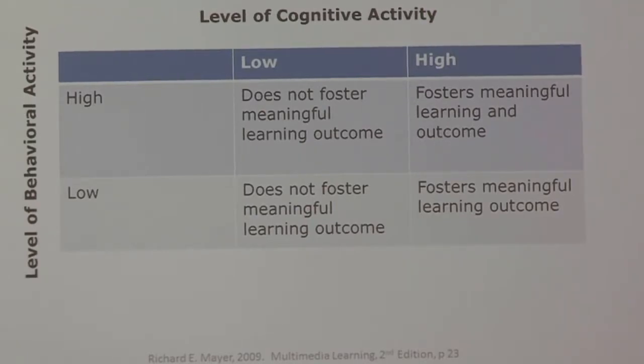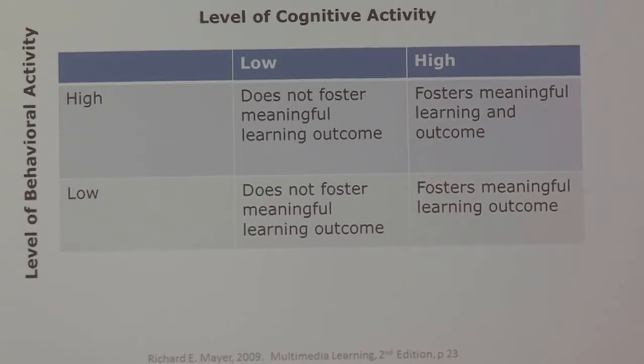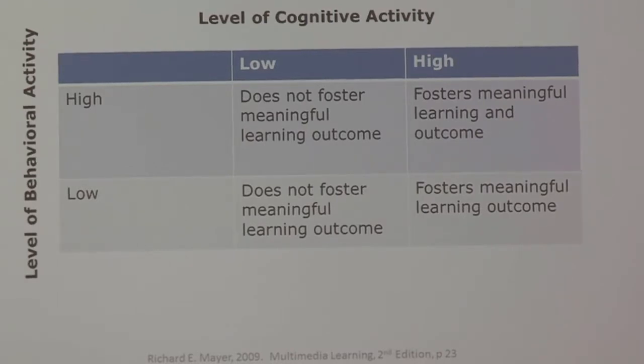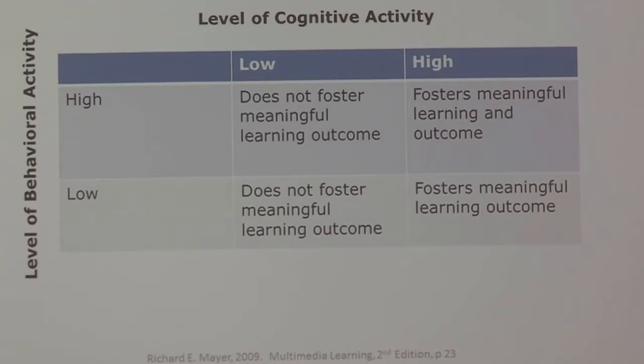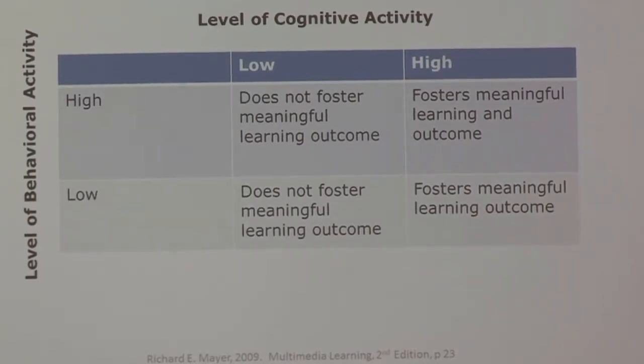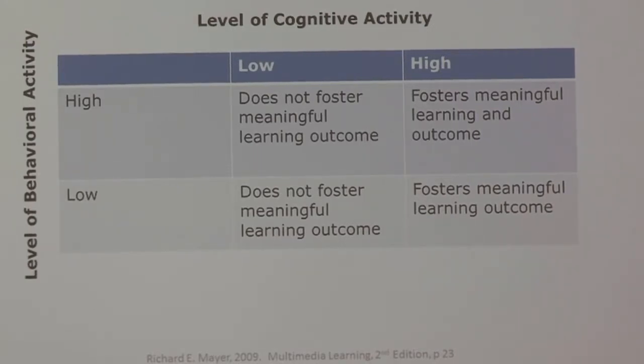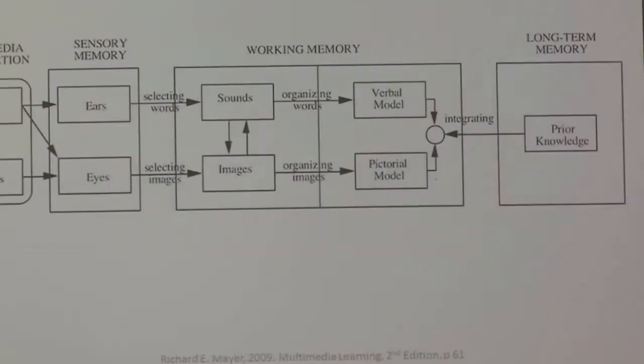On the left side, you see the level of behavioral activity, and at the top is the level of cognitive activity. We have to have the cognitive activity high in order for learning to happen. But we don't necessarily have to have behavioral activity, although it is good to get people up and moving around because it helps blood flow and helps us stay awake.